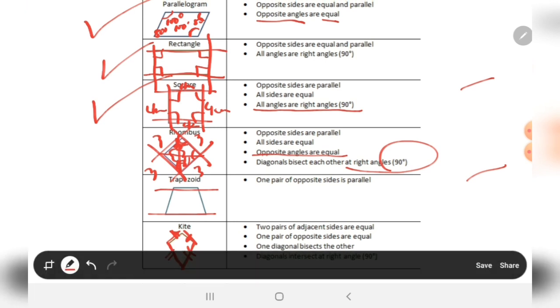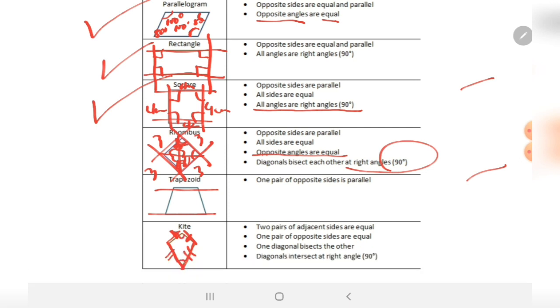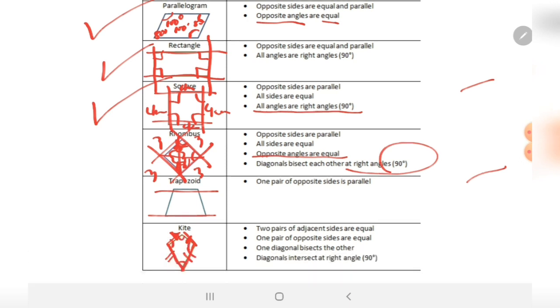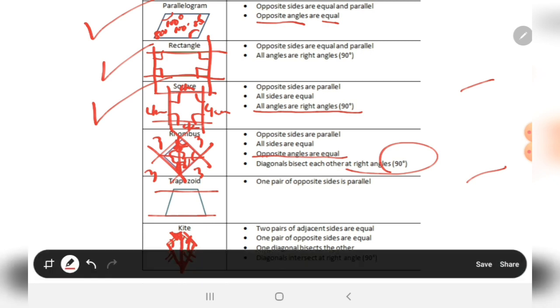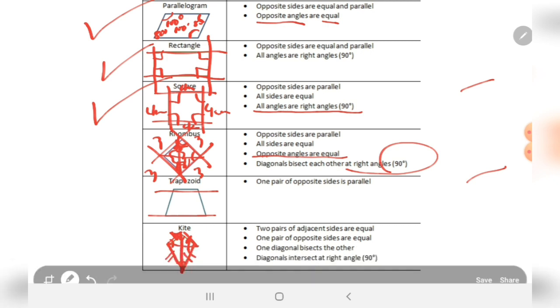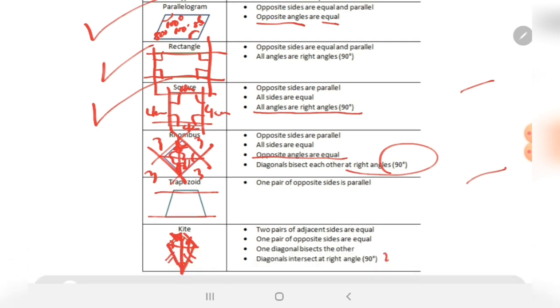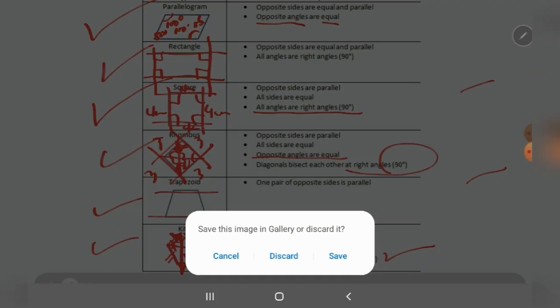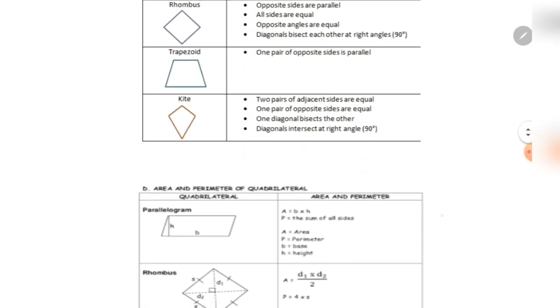Next, one pair of opposite sides are equal. It means that either in here or in here is equal. Next, one diagonal bisect the other. If we will draw a diagonal, then it should bisect another. And the diagonals intersect at the right angles, and that is kite. Finish. Next.